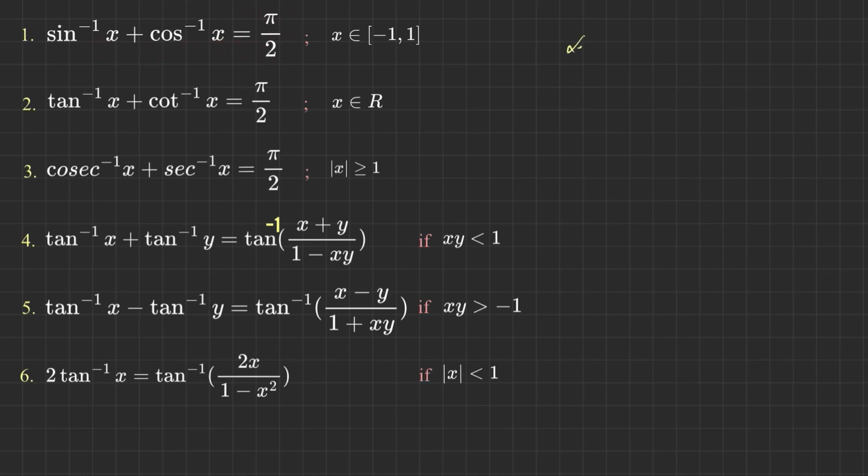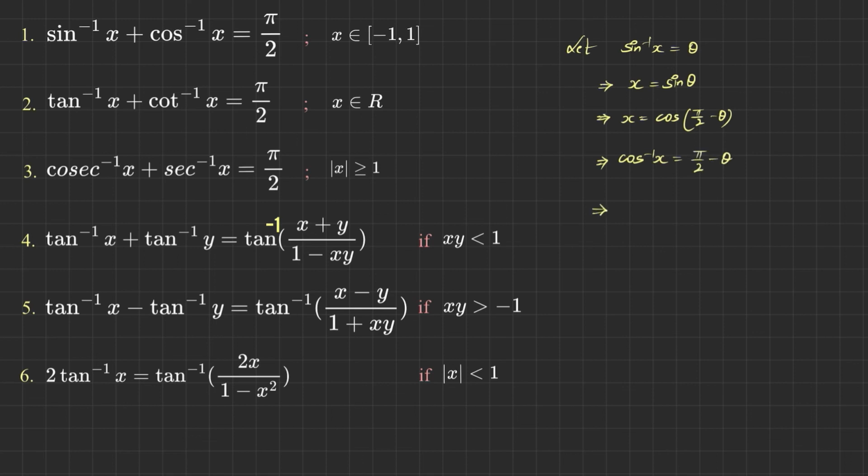Let sine inverse x equal theta, then x will be sine theta. This implies x equals, now let us write sine theta in terms of cos. We can write cos of 90 minus theta, because cos of 90 minus theta is sine theta. Now if I operate both sides by cos inverse, then cos inverse of x equals pi by 2 minus theta.